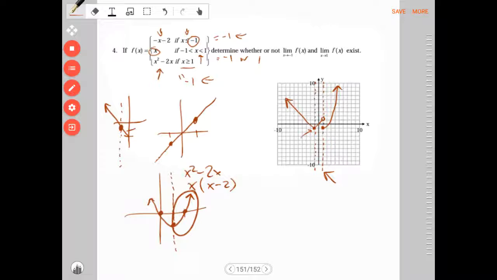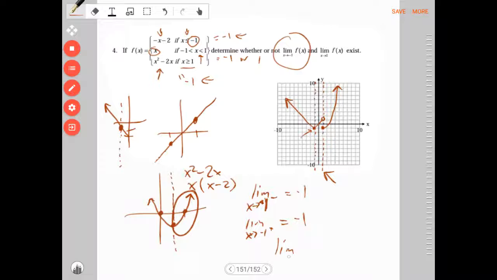Wow, that was intense. Feel free to rewind this and have a look at that again. Now that we have our picture, it's easy, because I want to determine whether the limit at negative 1 exists. The limit as x approaches negative 1 from the left equals negative 1. The limit as x approaches negative 1 from the right is also negative 1.